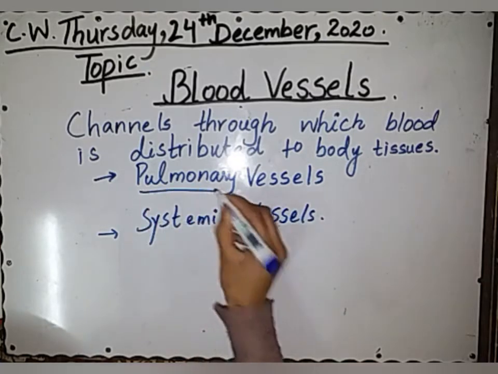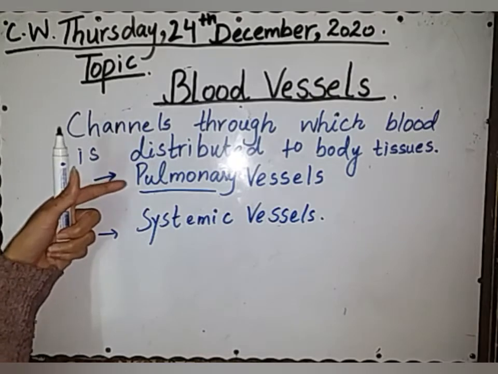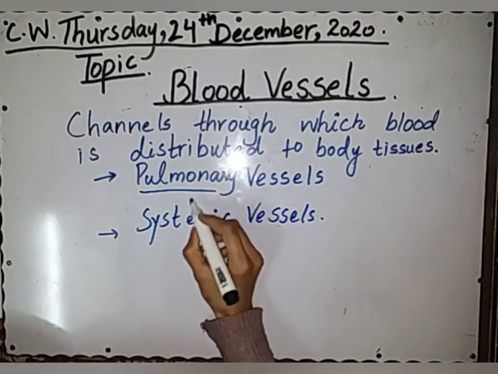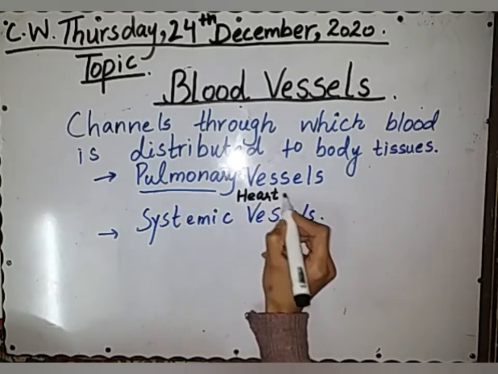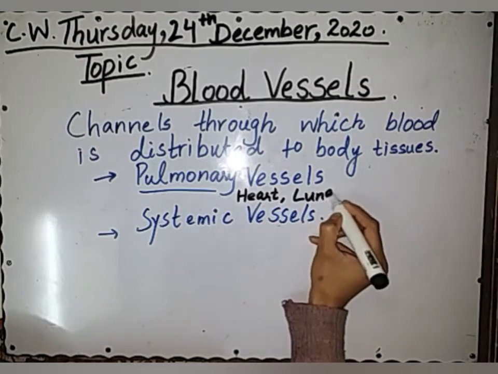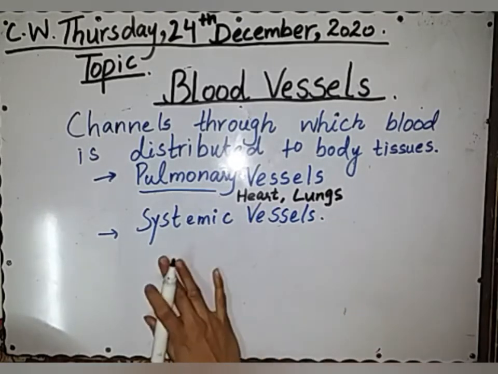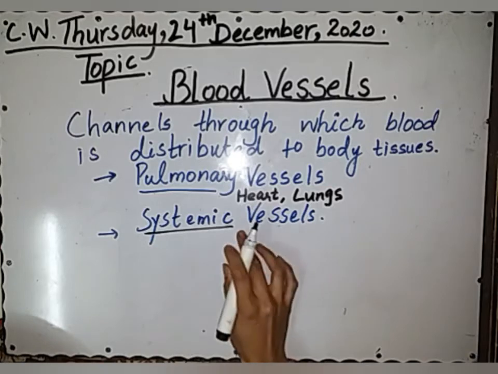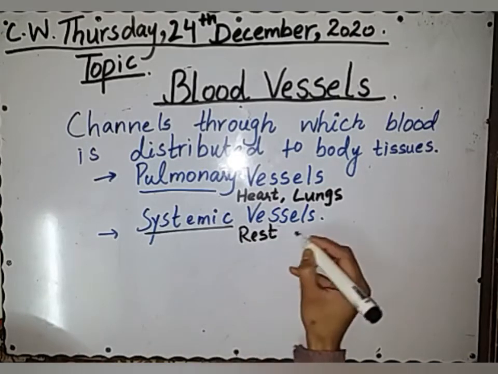Pulmonary vessels, as the name indicates, the word pulmonary is used for heart. Those vessels which transport the blood to the heart and lungs are known as pulmonary vessels, and the systemic vessels are those vessels which transport blood to the rest of the body.